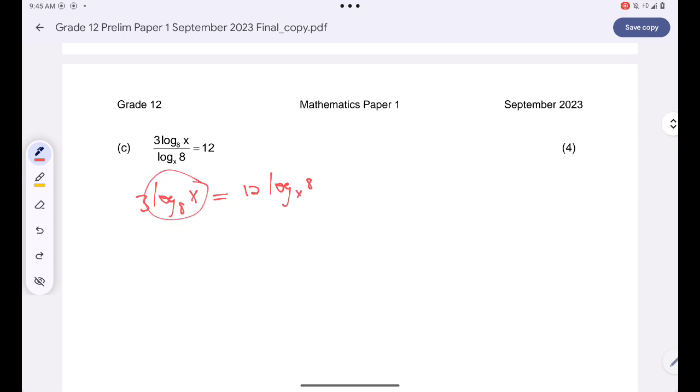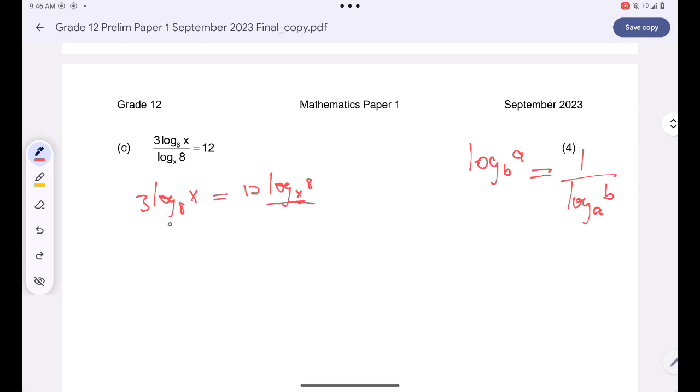These two things are not similar, but they are almost similar. We can make them similar, guys. There is a rule that simply says if ever we have log of a base b, and you want to interchange the two, you can simply say 1 over the log of b base a. Are you together?